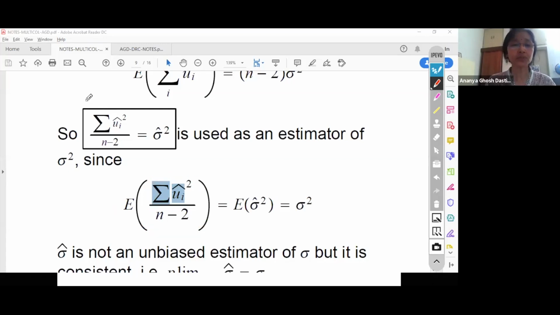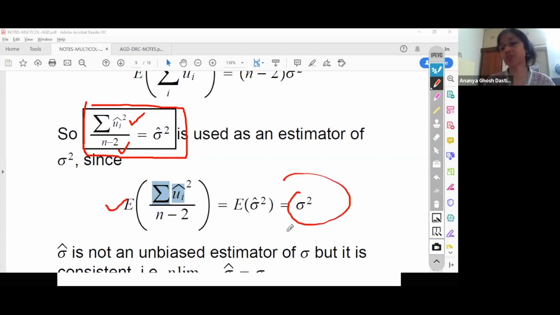So this is sigma hat square. It's already in a box, right? Sigma hat square is just your residual sum of squares divided by the degrees of freedom, and it's unbiased because its expected value is equal to sigma square. So it does the job.